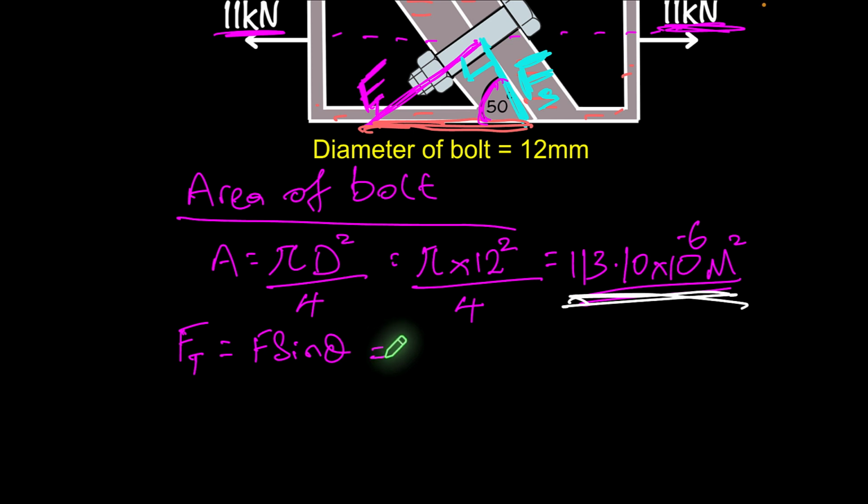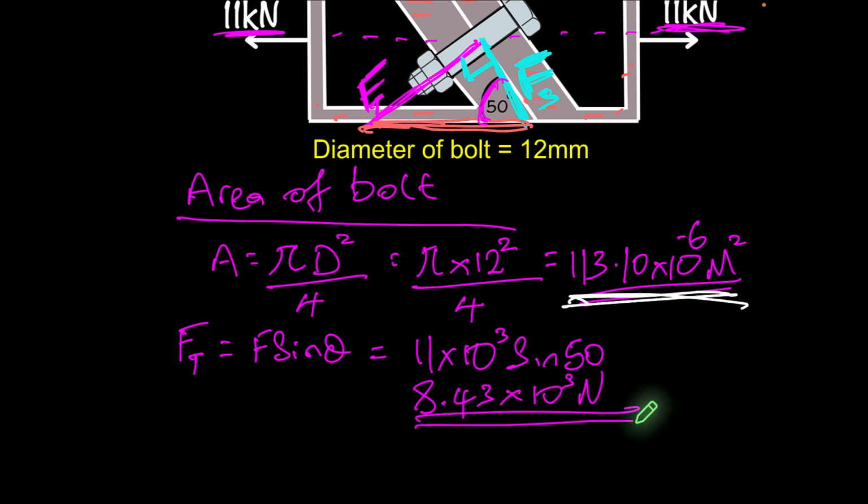And our force is 11 kilonewtons, so it's 11 times 10 to the power of 3, and sin our angle, which is 50 degrees. So the force component there for our tensile stress is going to be 8.43 times 10 to the power of 3 newtons. And let's go ahead now and evaluate our shear force component.